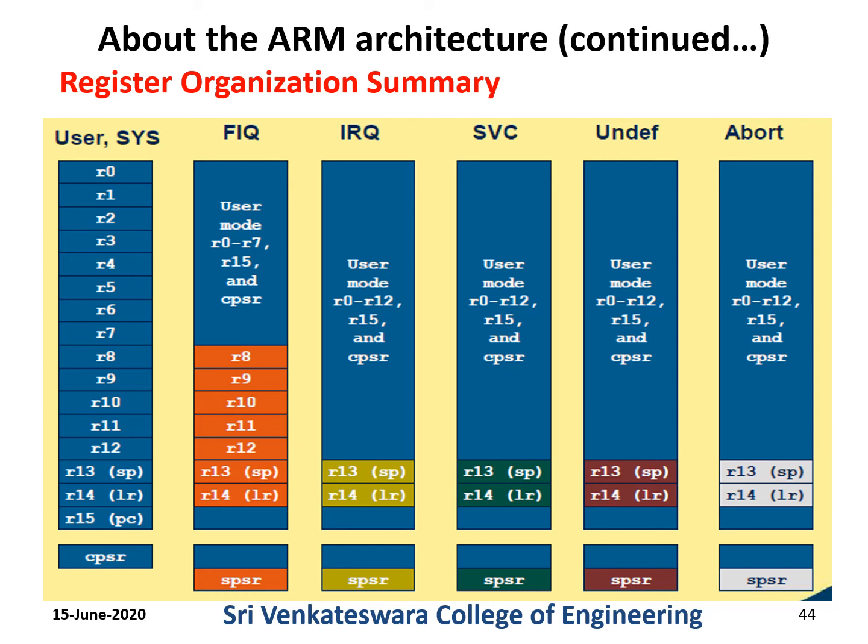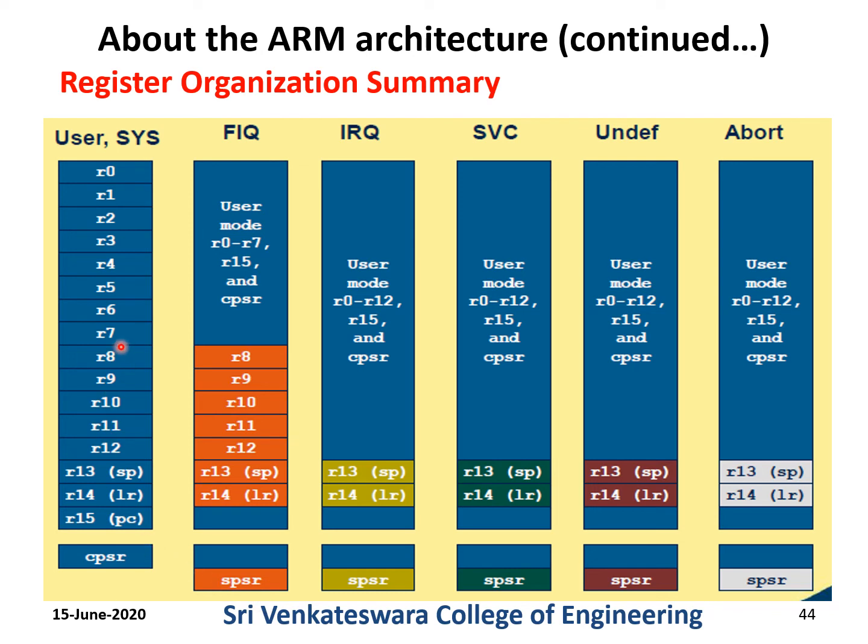And apart from that, separate register banks labeled R8 to R12, R13 and R14, acting as stack pointer and link register respectively for this mode, are used. Then there is also another register, SPSR, the Saved Program Status Register.